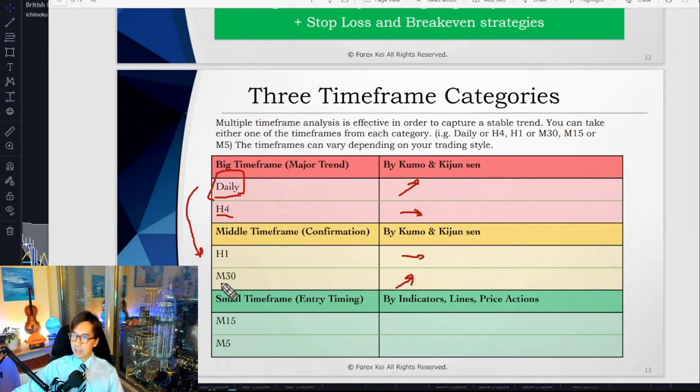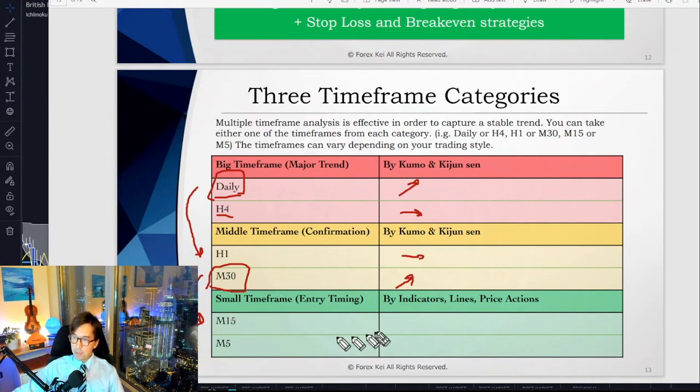In that case, I take the 30-minute and go down further to what I call small time frames, or lower time frames, which are either the 15 or 5-minute chart. I take either M5 or M15 and look for the trading edge.